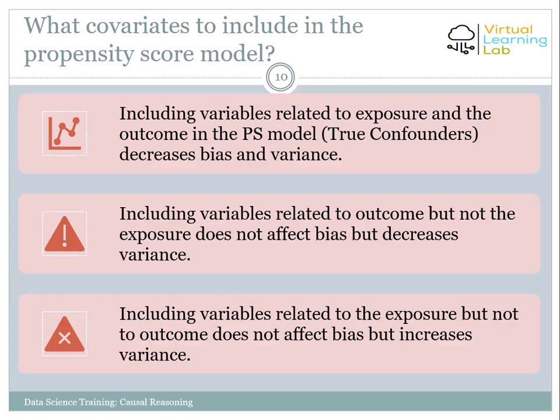In practice, it's difficult to differentiate between these three, so most researchers use a more expansive approach where a very large number of covariates are included, because it's better to have more control of bias than to potentially be more efficient for a biased estimate.